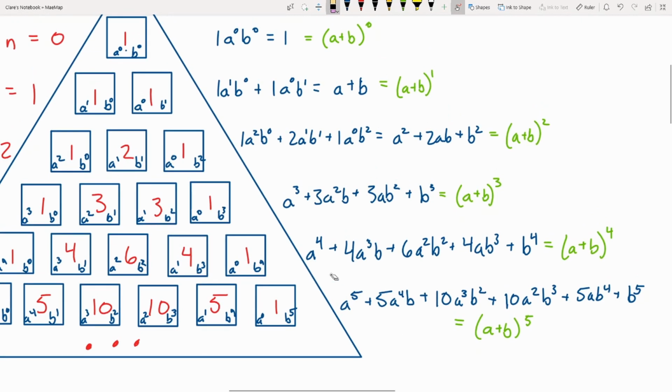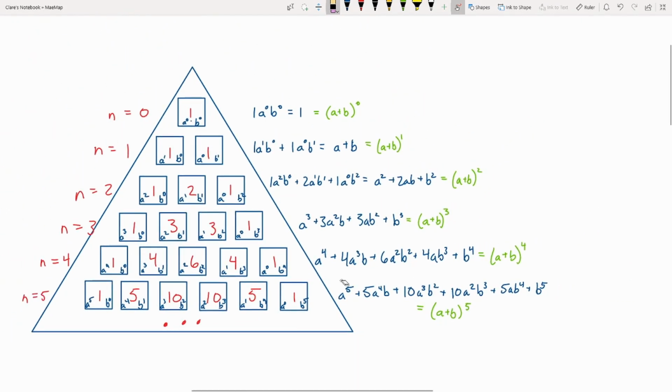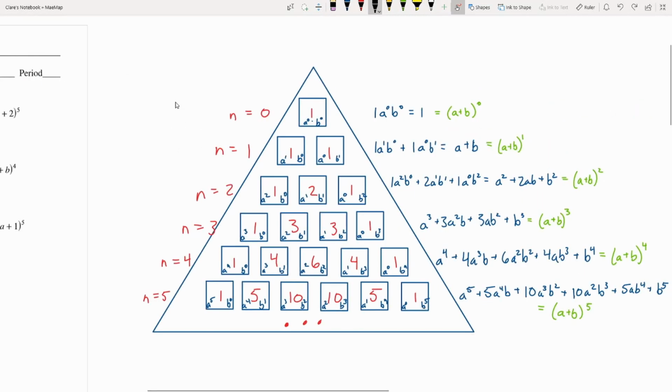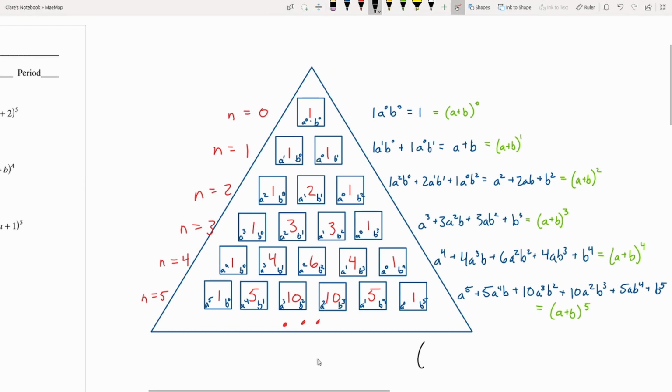So let's go ahead and go to number 2, referring back to this triangle as needed. Number 2 wants the coefficient of x squared in the expansion of (x + 2) to the 5th. Notice the only thing that's changed from number 1 is that my a term and my b term have switched. So if I'm looking for the x squared coefficient, well, my a is x, so I'm going to look for the coefficient of a squared.